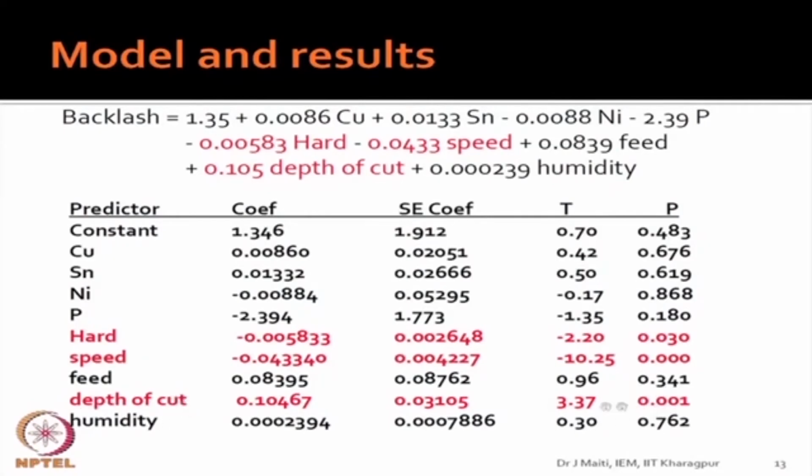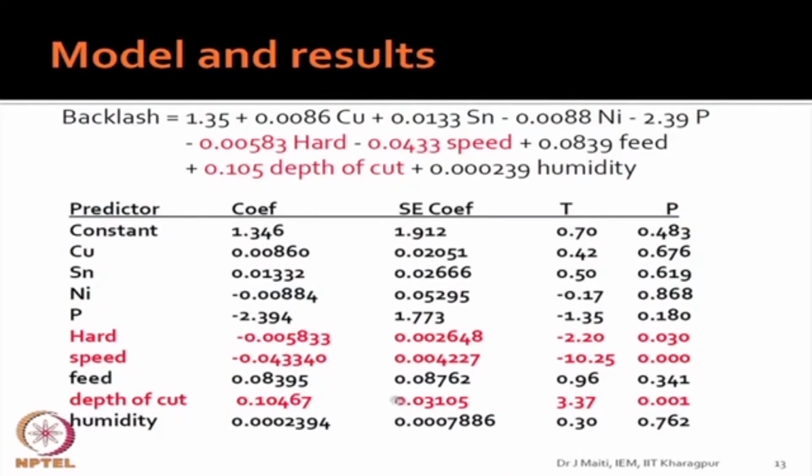Similarly, depth of cut is also very significant. So from this result we can say that multiple regression is able to explain around 80% of the variability of backlash, and the significantly contributing variables are hardness, speed and depth of cut.